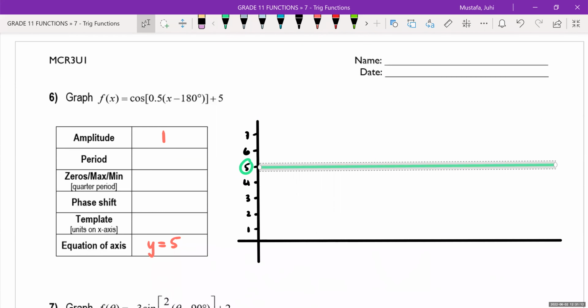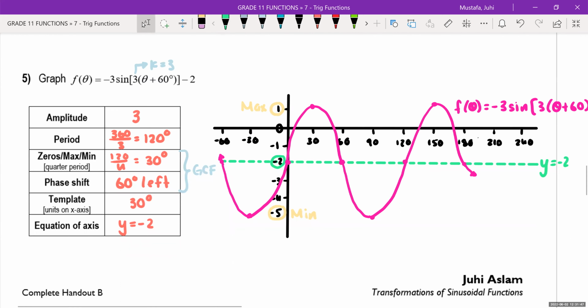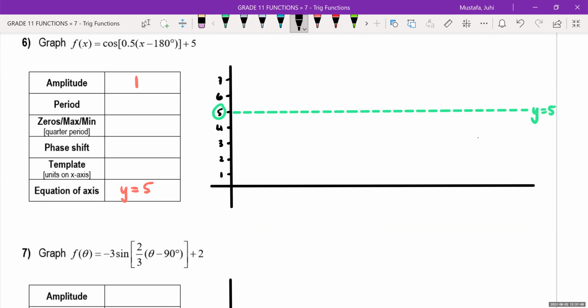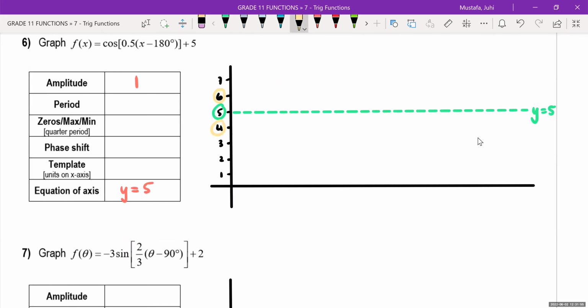Usually when the phase shift is to the right, like in this case, then I don't worry too much because I know there's not going to be anything to the left side of my graph. All right, so I'm going to label this line y is equal to 5. And then I'm also going to identify where my maximum and minimum are. So I'm just going to go up 1 for the maximum and down 1 for the minimum.